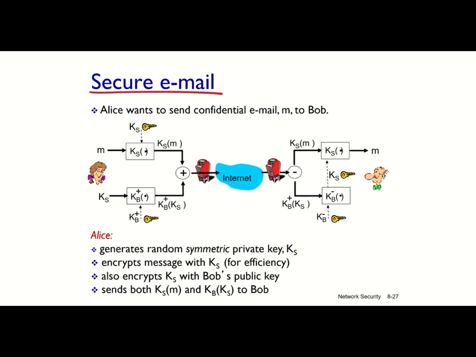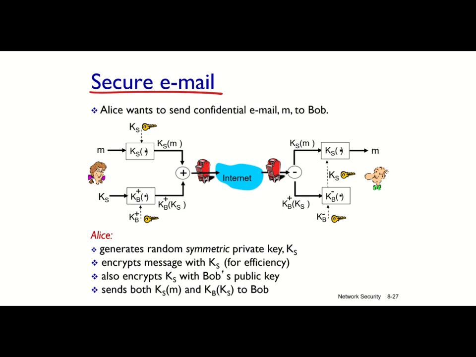First, Alice will create this private key as the sender of the email, and this will help Alice to encrypt the message, and then Bob has to have this key to decrypt the message that Alice sent to him.